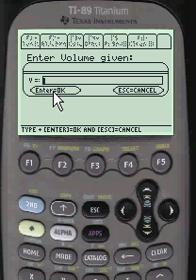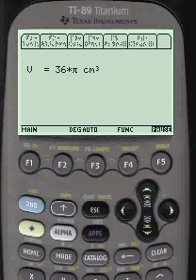So the volume is given as, press alpha, 36 times second. The catch here is the pi, the second register of the calculator. 36 pi cubic centimeters.